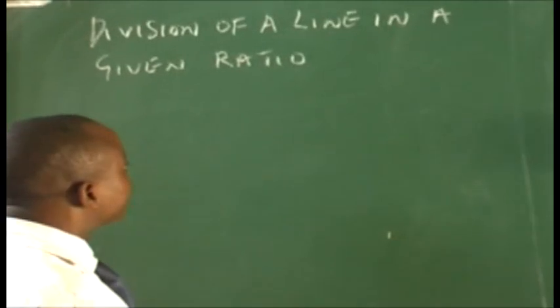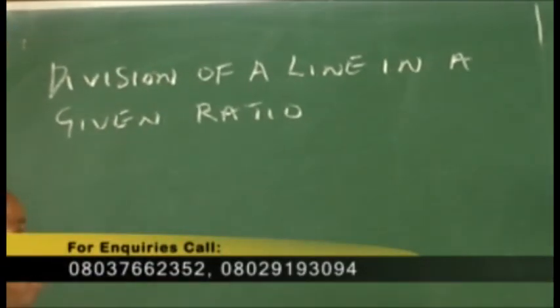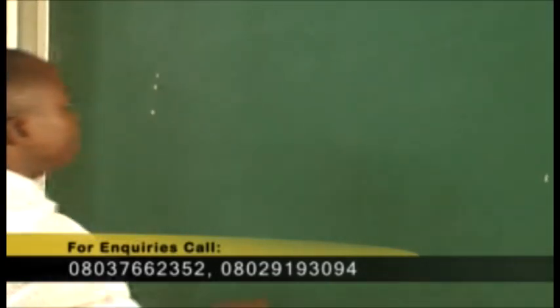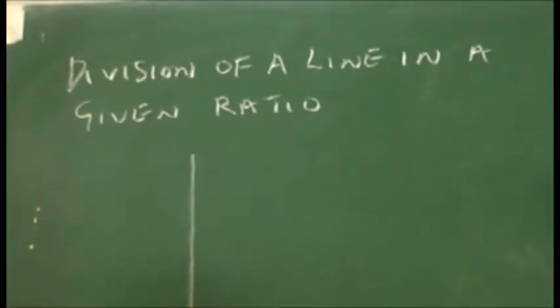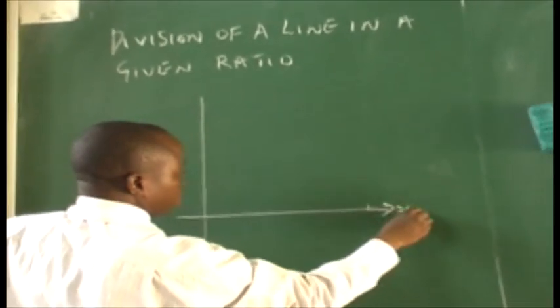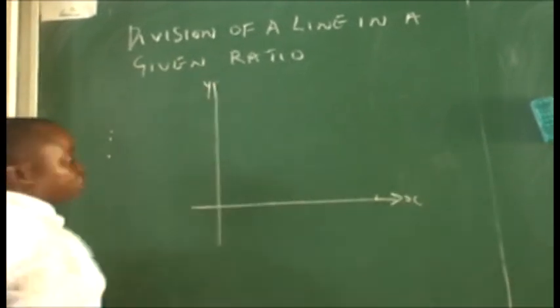We are looking at division of a line in a given ratio. That is the next subtopic. Now, let's draw the plane, and we know that this is the y-axis.